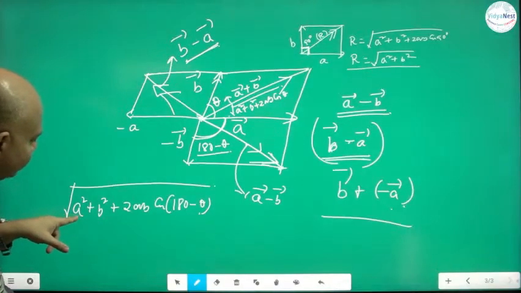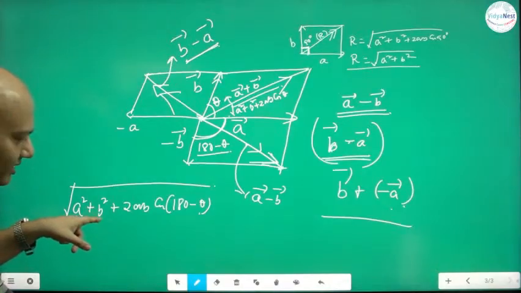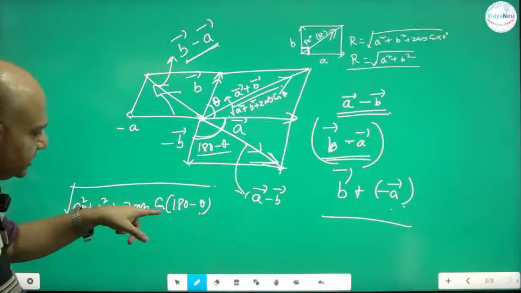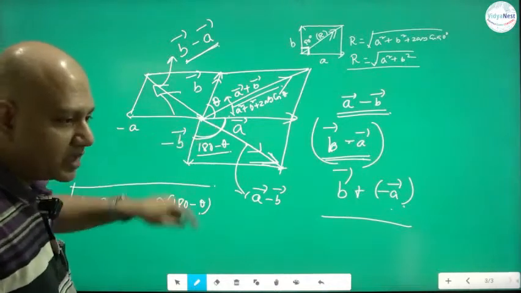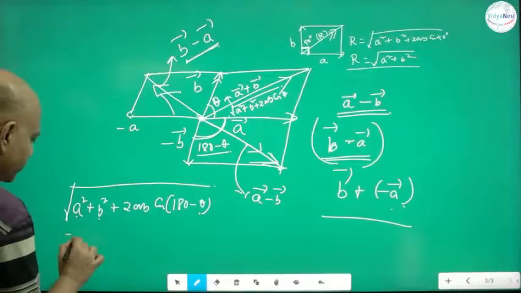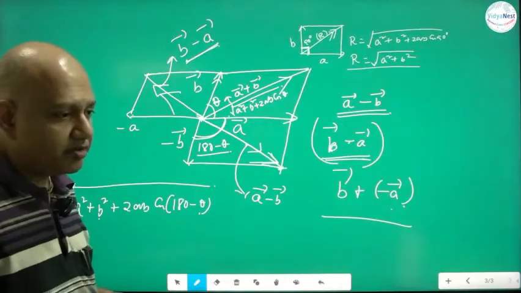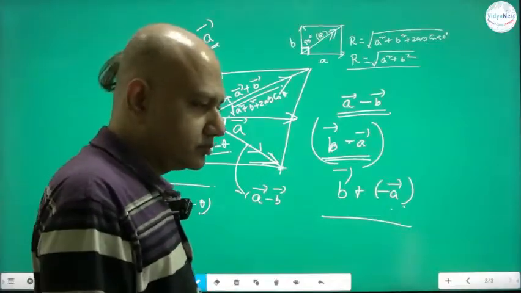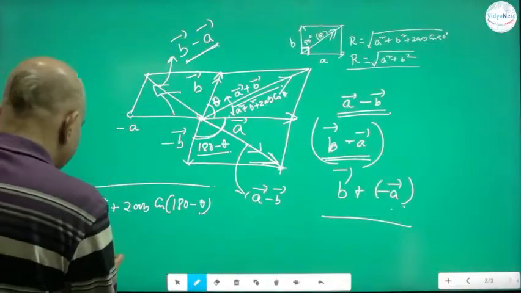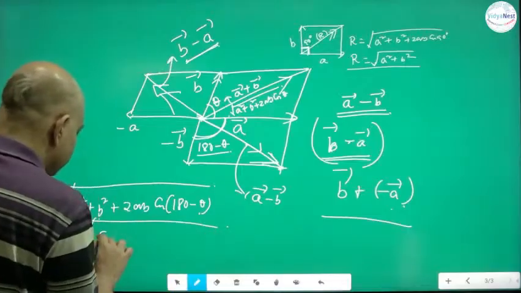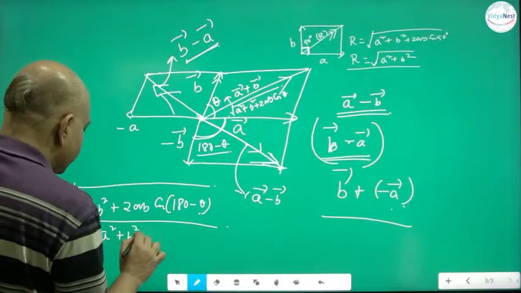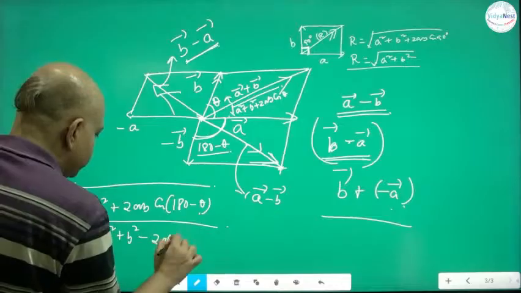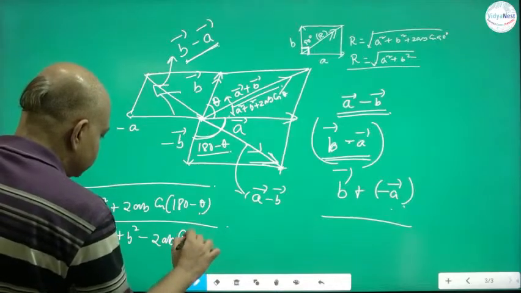The magnitude of A, magnitude of B, the square, and 2AB, then cos 180 minus theta. Then what is going to come? You know trigonometry. Cos 180 minus theta is minus cos theta. Therefore I am going to get A square plus B square minus 2AB cos theta.